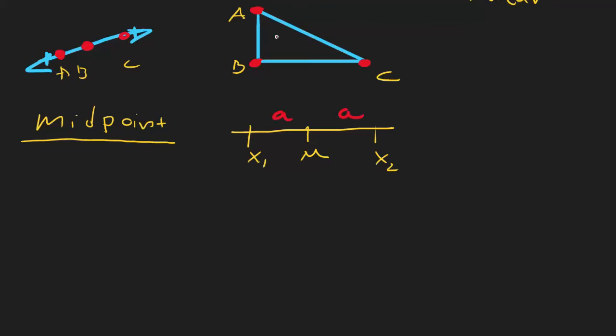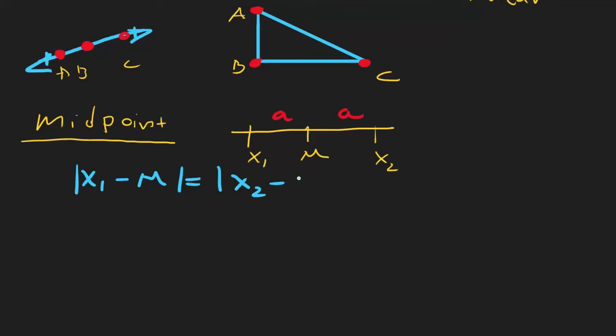We could come up with a formula, really. We can say that the distance of x1 minus m, if I take the absolute value, should be equivalent to the distance from x2 minus m, right?